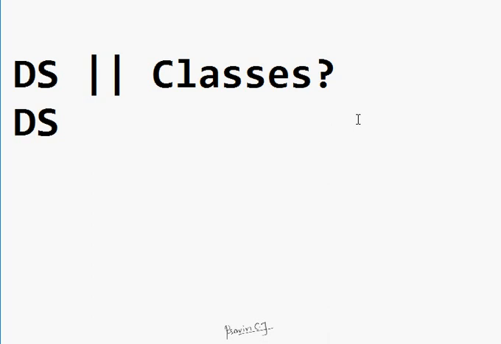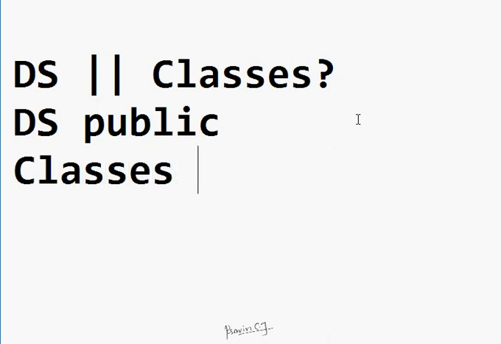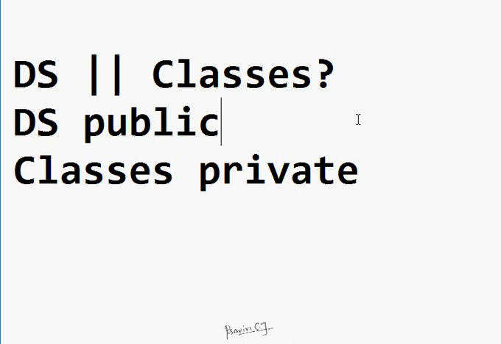In Java, classes are by default private in nature. All the methods are private by default. But for a data structure, it's not so. All the methods introduced in the data structure are public, and for classes they are private.